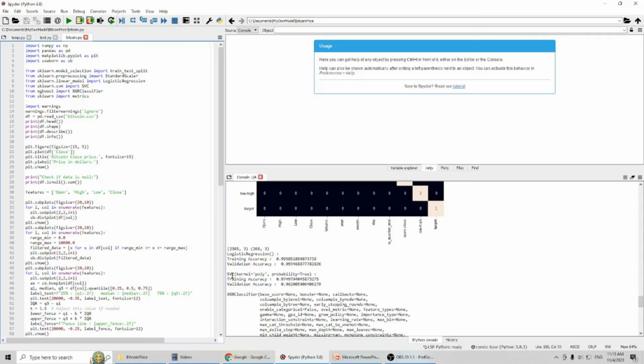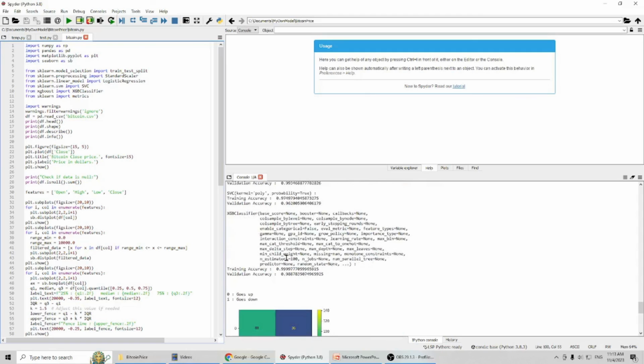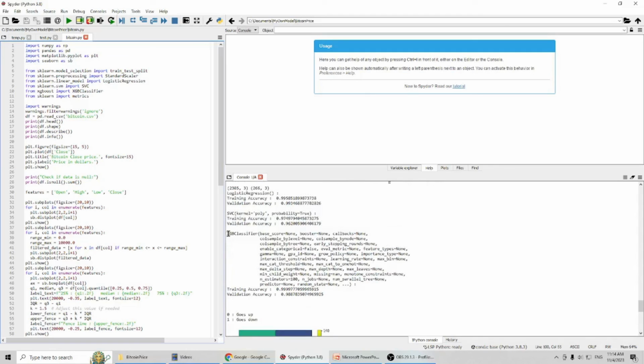For this SVC, you can see the training accuracy is 0.97, and validation accuracy is 0.96. And for this XGB classifier, the training accuracy is very high, almost 100%, and the validation accuracy is also pretty high, it's 0.98878.